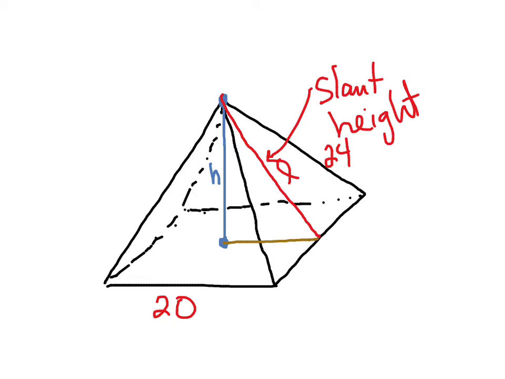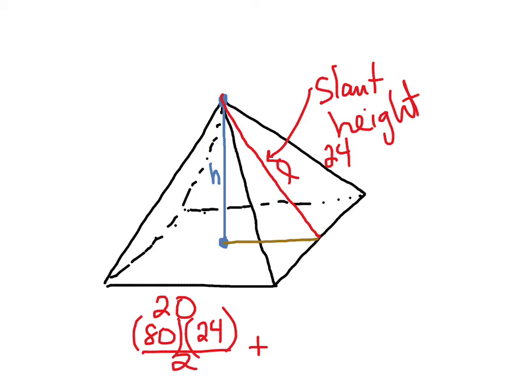So if I just give you 20 and I tell you it's a square, what's the distance around it if each side is 20? How do I find the perimeter? Just add them. 20 plus 20 is? 40. Plus 20? 60. Plus 20? 80. So the perimeter for this one would be 80 times the slant height, which is how much did I put? 24.